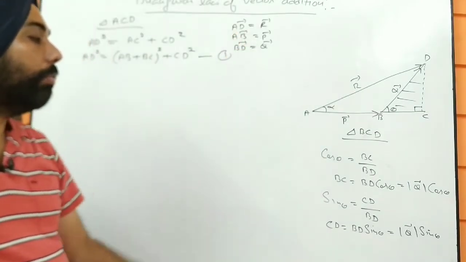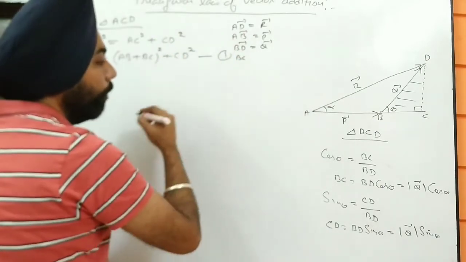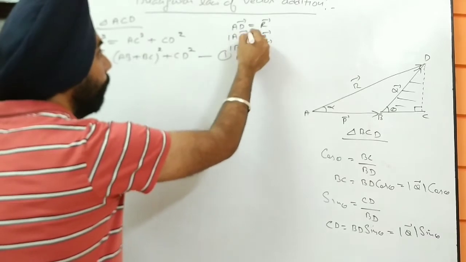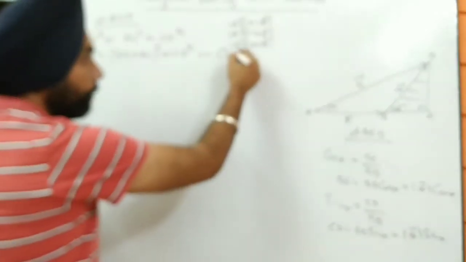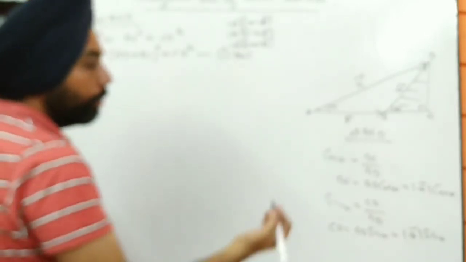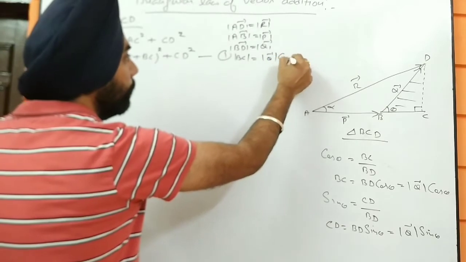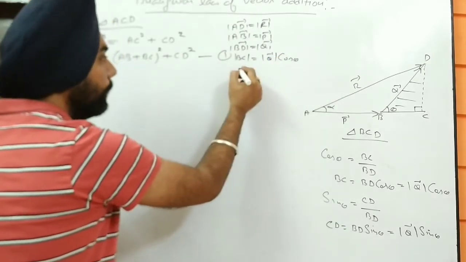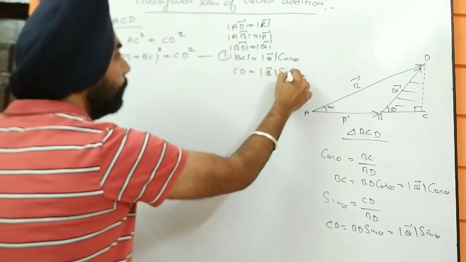Now we have all the values here, so just writing it here. The value of BC, we are taking modulus of each and everything, because we are talking about the magnitude only. So here BC is going to be Q cos theta, and similarly CD is going to be Q sin theta.